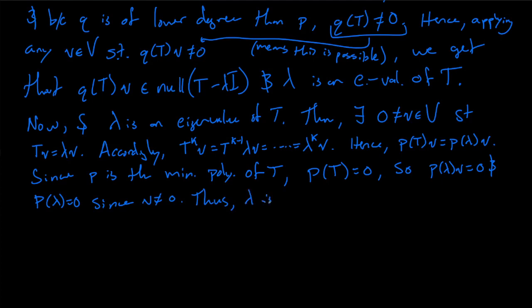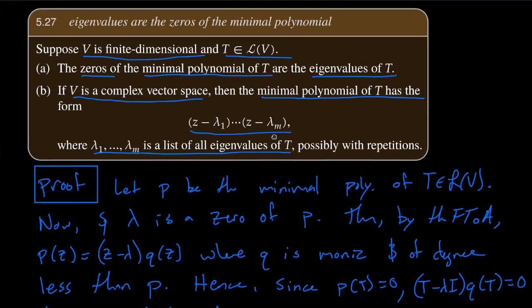Thus, lambda is a zero of p. Very cool. Okay, so we got part A.